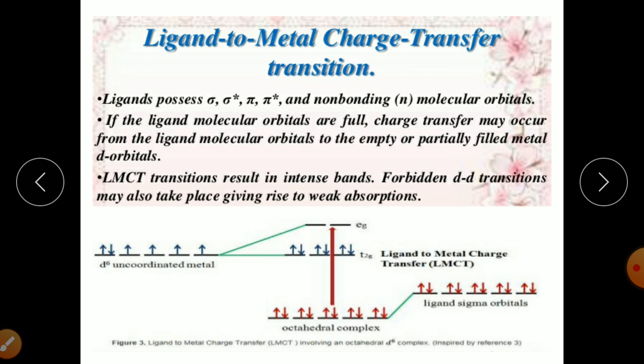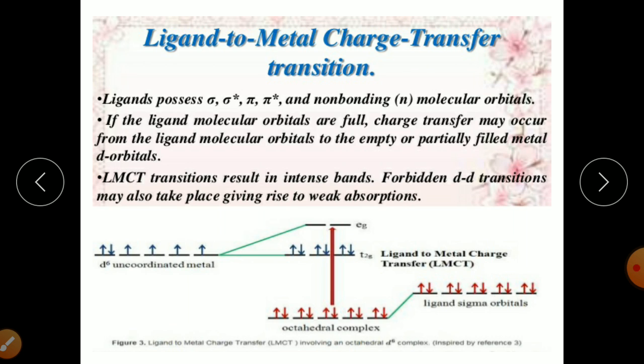The first one is the ligand to metal charge transfer transition. The ligand possesses sigma, sigma star, pi, pi star and non-bonding molecular orbitals. If the ligand molecular orbitals are full, charge transfer may occur from the ligand molecular orbital to the empty or partially filled metal d orbital.